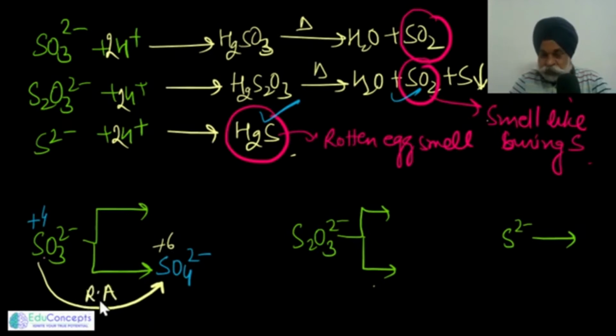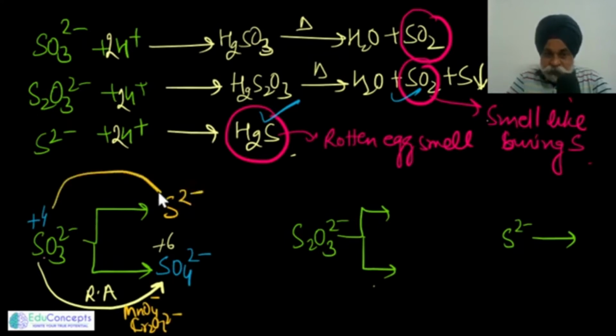Most of the time we have seen sulfite ion act as a reducing agent, changing to sulfate ion when treated with KMnO4 or another oxidizing agent such as dichromate, Cr2O7. But it can also change into sulfide ion if I take it as an oxidizing agent, just as zinc acts as a reducing agent. It can go both ways.